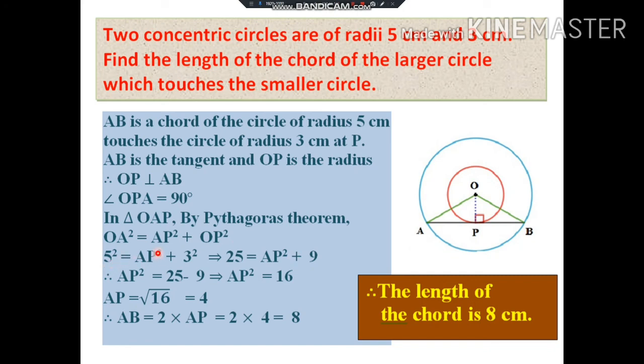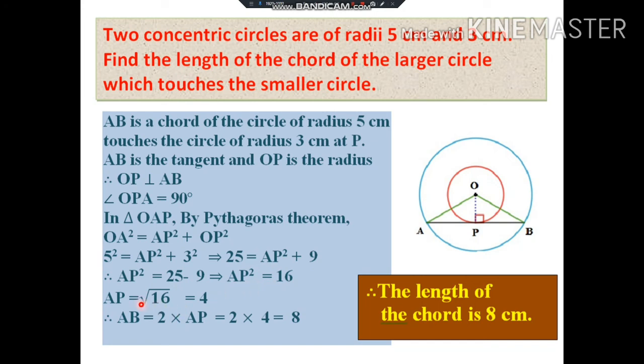OA is 5 square, and AP square, as it is, we need to find, and OP square, OP is 3 centimeter, 3 square. Therefore, 5 square is 25 is equal to AP square, and 3 square write it as 9. So AP square is equal to 25 minus 9. What is the value of 25 minus 9? That is 16. AP square is 16.